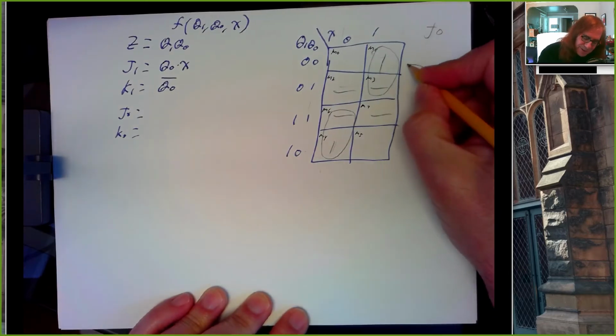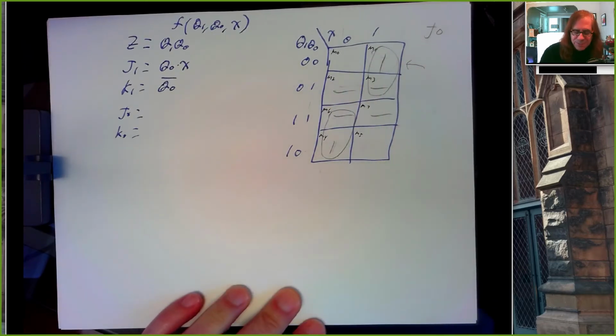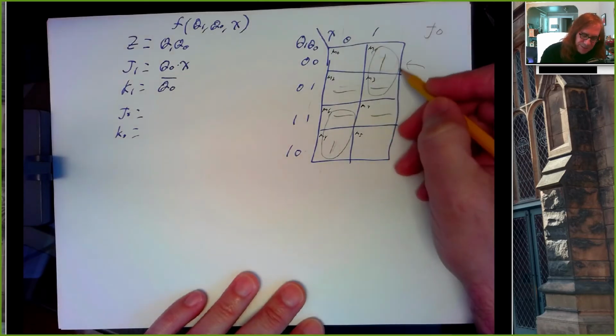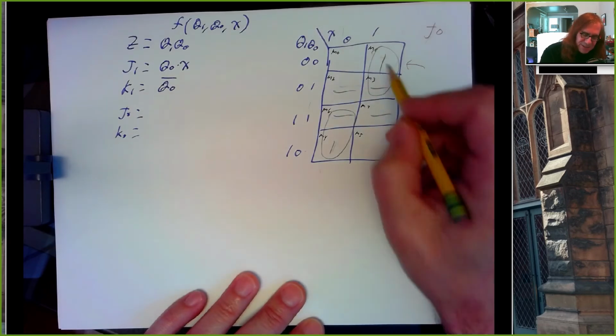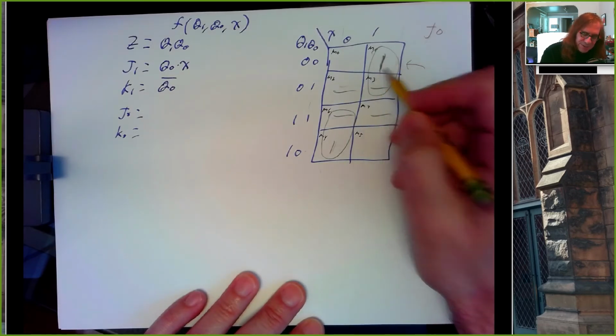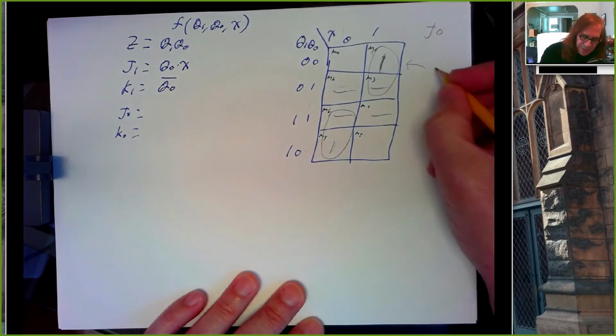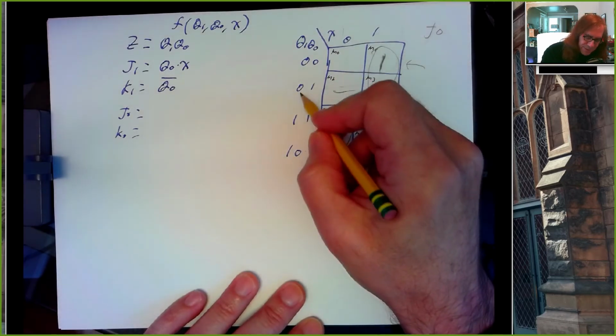Alright, so what's the equation for this upper right 2x1 rectangle? Wouldn't it just be 0? This rectangle here? It can't be exactly 0 because we've got a 1 right here. Wouldn't it be Q1 not? So Q1 is a 0 in both of these.